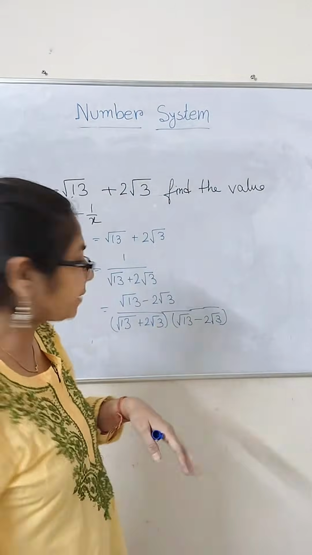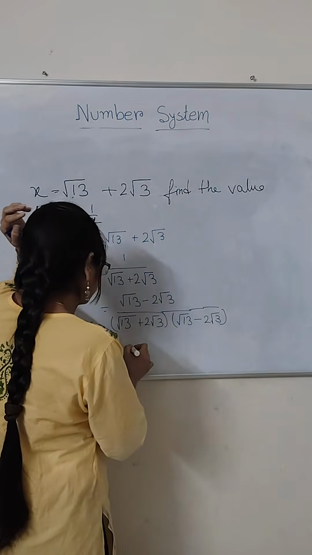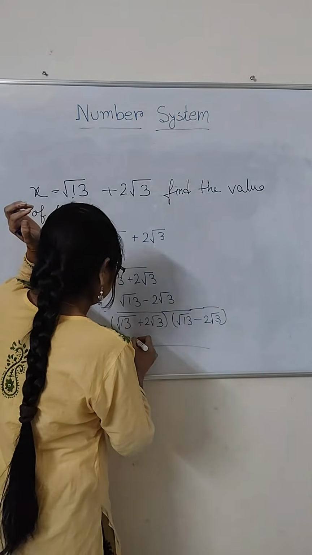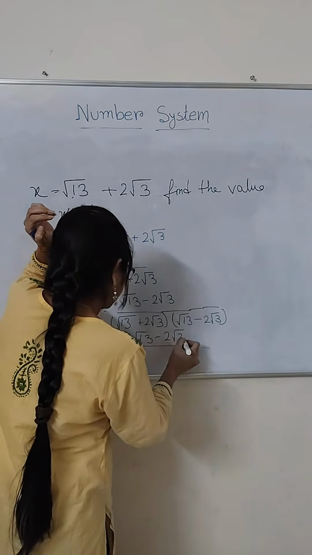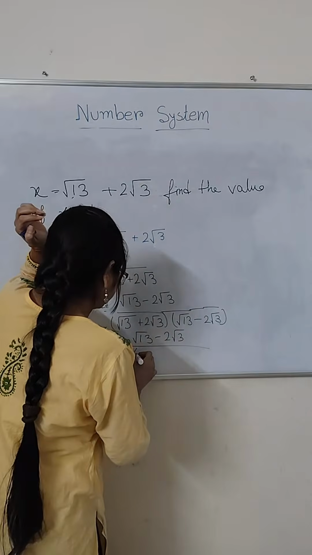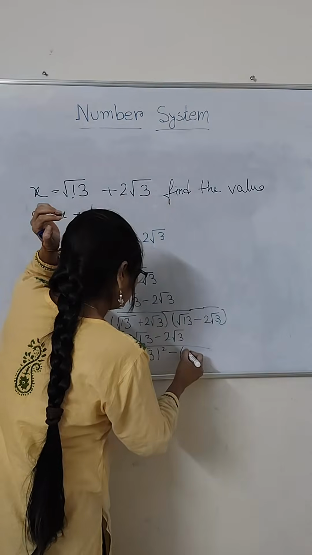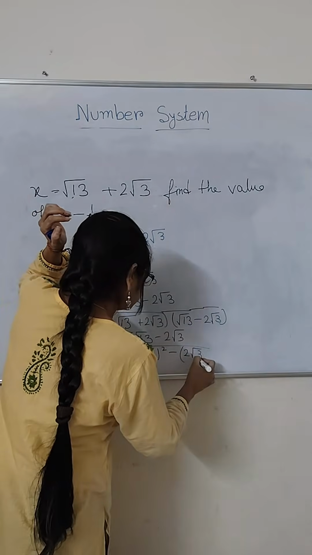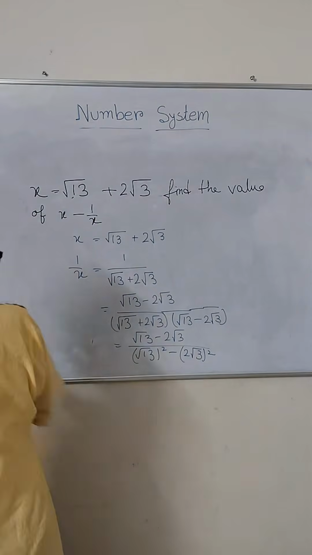Is it clear? Now we will do this. Let me see what happens in this. Root 13 minus 2 root 3, and this is root 13 whole square. Very good. Minus 2 root 3 whole square. Clear? I go to the next part.